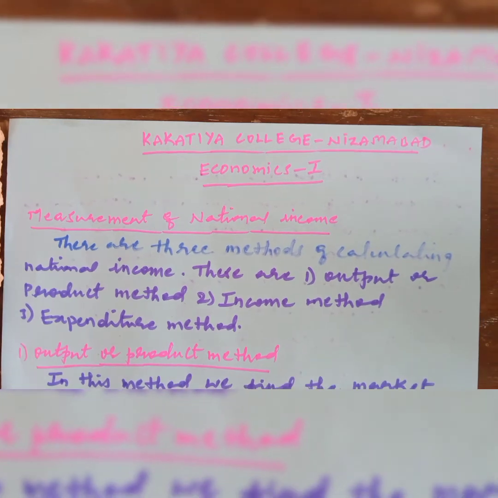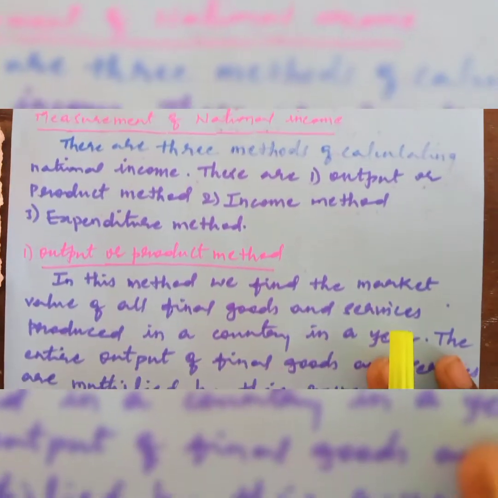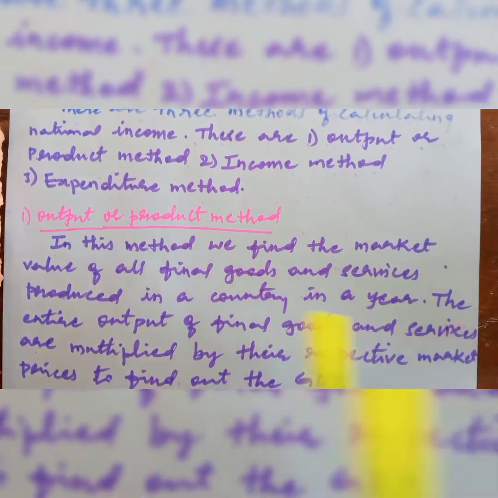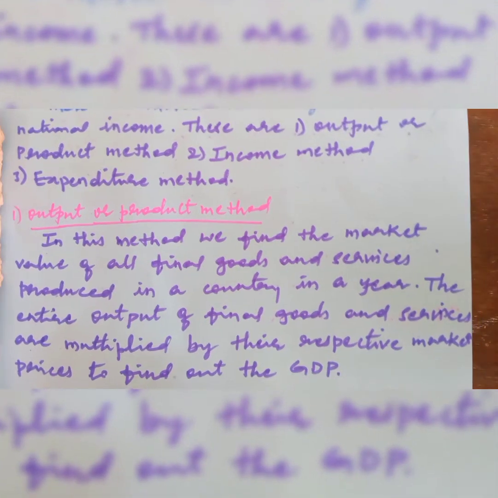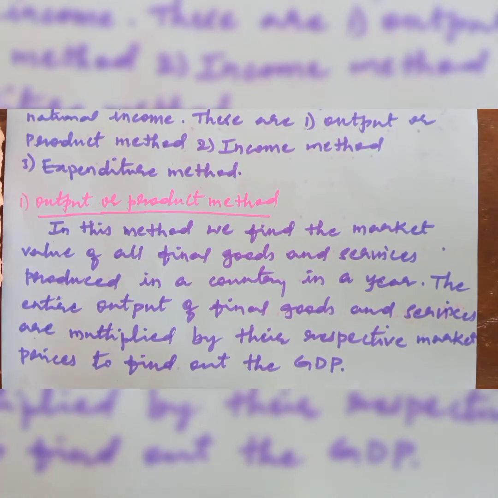So first one is output or product method. When we observe this method, how goods are calculated, how services are calculated during a year by producing goods and services.